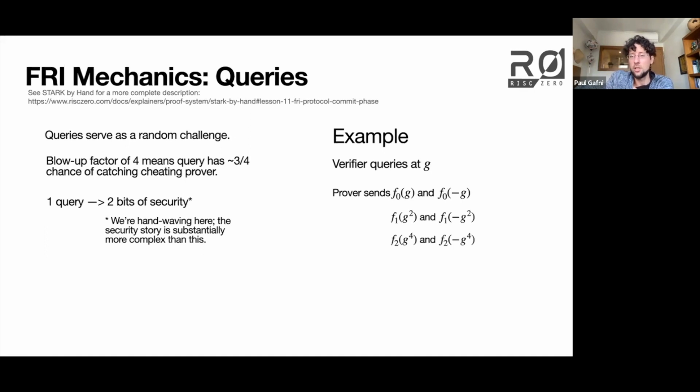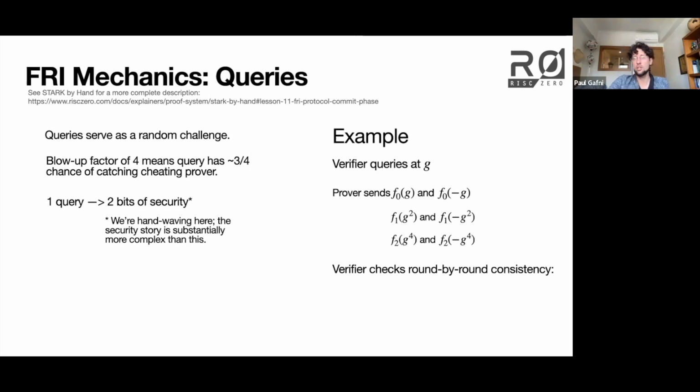The next polynomial at G to the fourth and negative G to the fourth. And the verifier already has the evaluations of F3 at G to the eighth. That is the sort of key point.